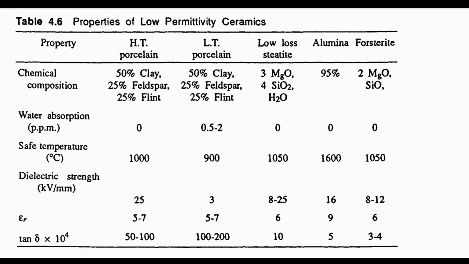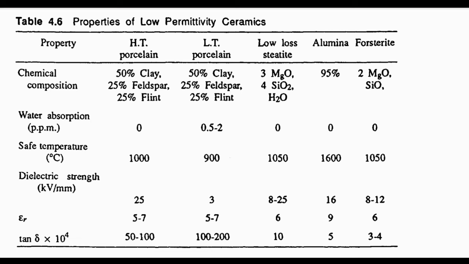So here, consider the dielectric strength in kV per mm. That means if we increase the voltage for a mm thickness of that material above this value, then there will be a breakdown. So here which has the maximum dielectric strength?